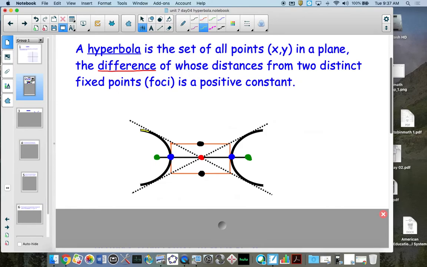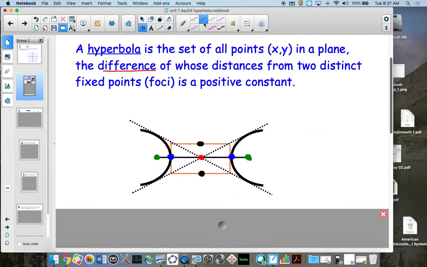The actual hyperbola is this part right here, and it goes on forever and ever in those directions. And then this piece over here. So it's kind of like two sections of an ellipse, except they're flipped going in the opposite direction. We need some of this other stuff in our picture to help us, and you'll understand what all that other stuff is in this lesson.